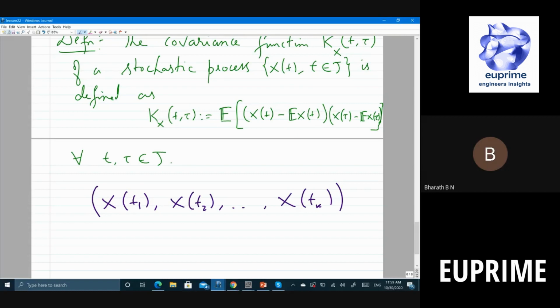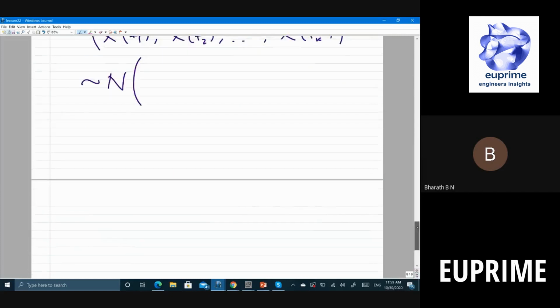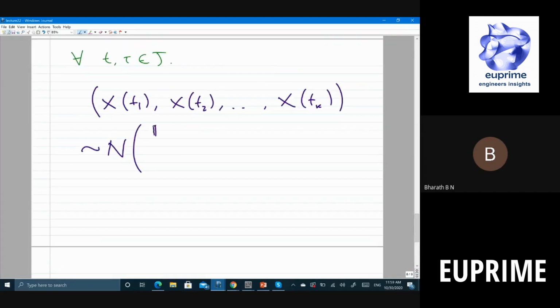So this is jointly Gaussian. So what will be the mean? The mean vector will be easy, right? So it's expected value of x of t1 and so on, expected value of x of tk. Do you agree? Yes, sir.